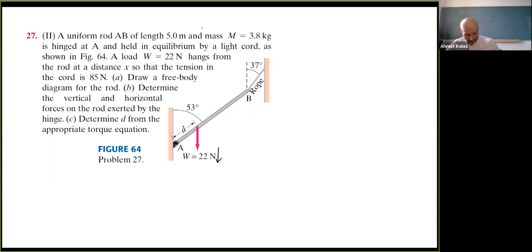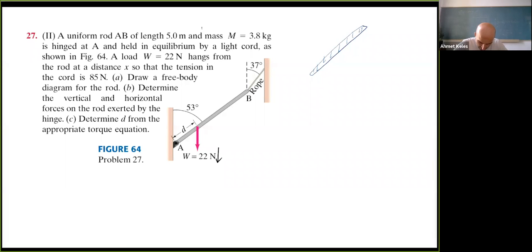A lot of things, but I think we can do this. Maybe I can start with the free body diagram. Let me draw. So it's going to be something like that. Let's say this is the rod.